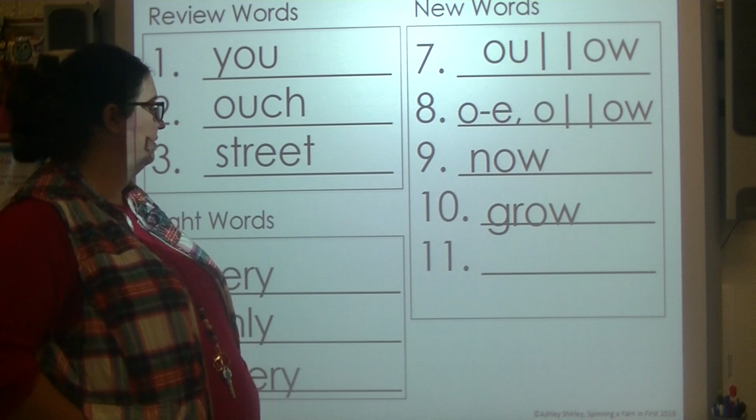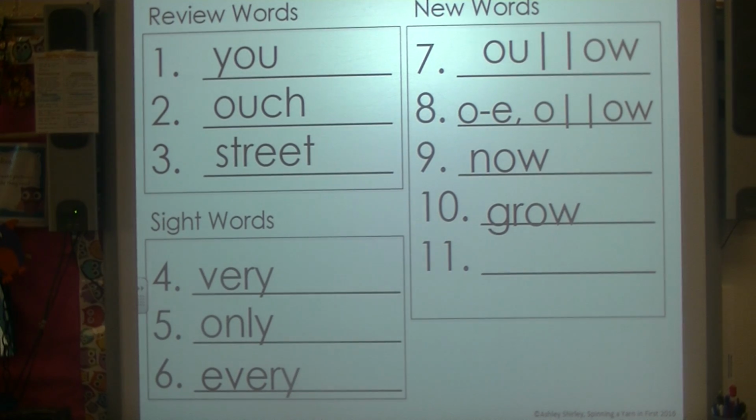Spell it on number 11. Window. All right, spell window.